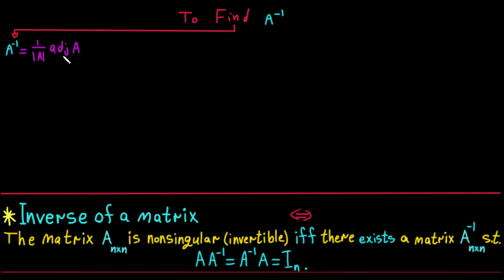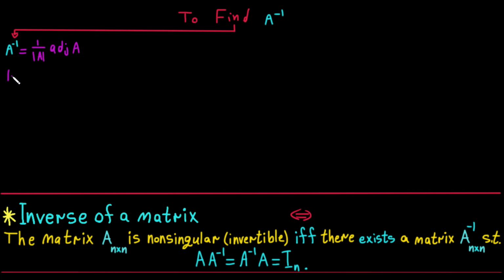Sometime in the future, we will explain in detail how to find the adjoint or adjugate of A for 2 by 2, 3 by 3, 4 by 4, or any square size. But in this video, we will concentrate on how to find it for a 2 by 2 matrix in an easy way.